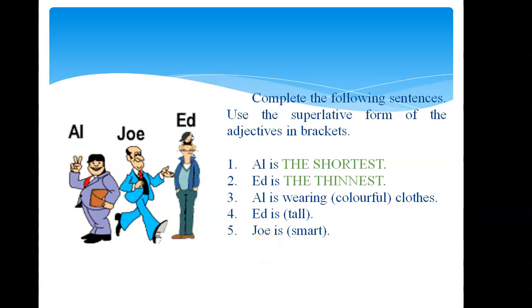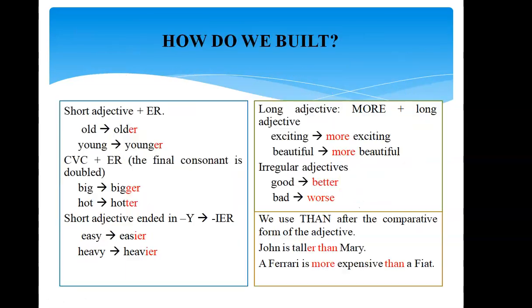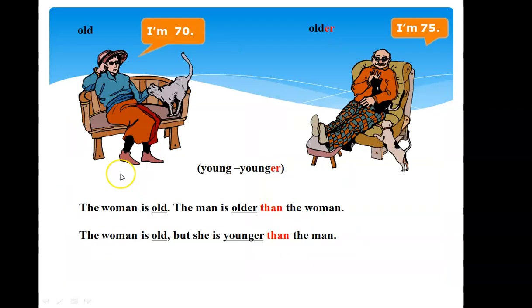Ed is the thinnest. Double N. Yes. Because consonant, vowel, and the consonant also. Here you can see the consonant is doubled. Consonant, vowel, and consonant.